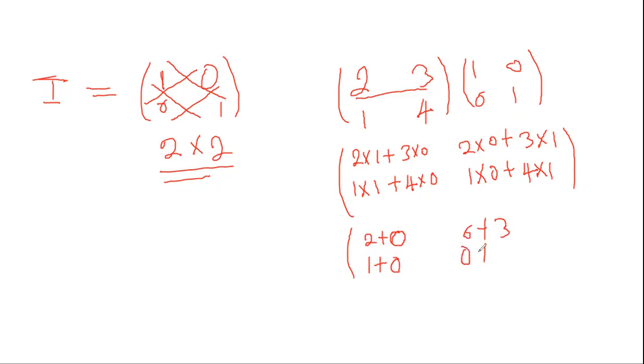Then this would be 0 plus 4. So after adding, we shall still come up with 2, 3, 1, 4. So if we begin with the identity matrix and multiply by this matrix, we shall still get that matrix, which is 2, 3, and then 1, and 4.